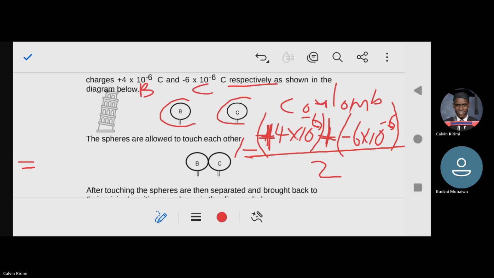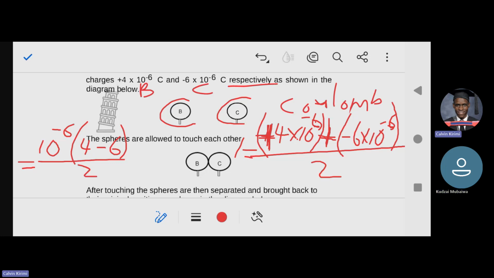Let's see. We are just saying 4 plus -6. What is 4 minus 6? In other words, we are just saying 10 to the power -6 bracket 4 minus 6. So it's negative 2.